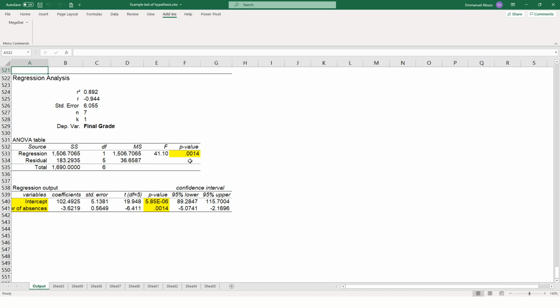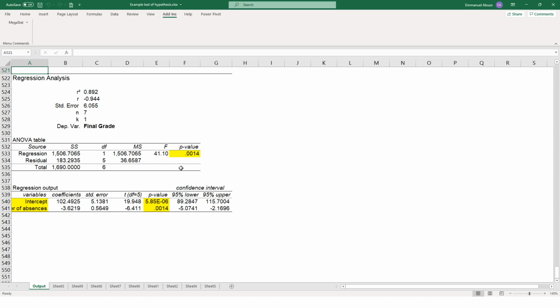Therefore, there is a significant relationship between the number of absences and the final grade of 7 students in the statistics class. Now, as we can see here again in our regression output, the intercept is 102.49 rounded off to 3.